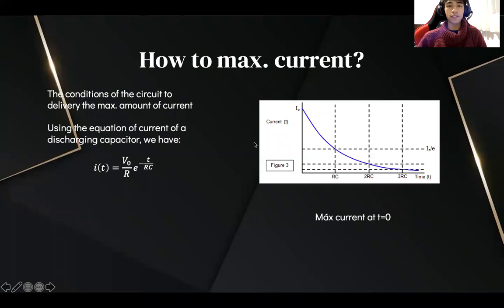So to guarantee the max current, we have to fully charge our capacitor or capacitors, and then start the discharge, and the max current will be at the very beginning of the discharge, at time 0. So we have to use the equation of current of a discharging capacitor to calculate the current that will be discharged.